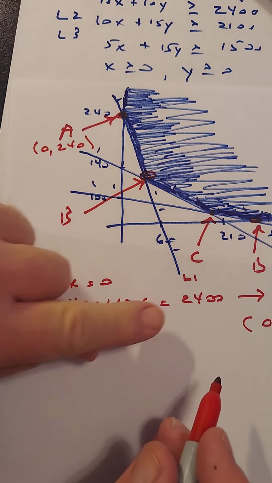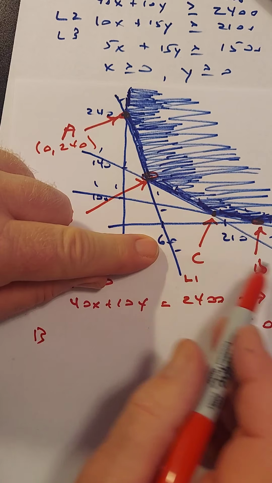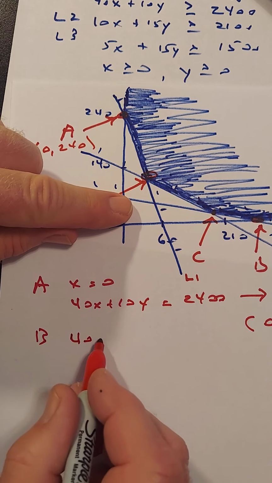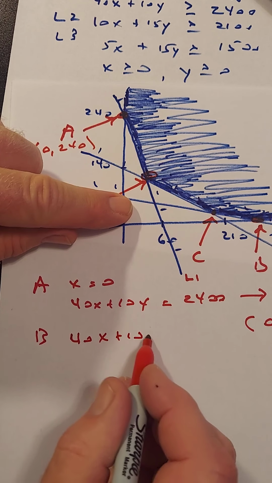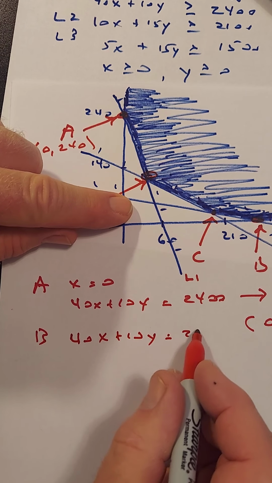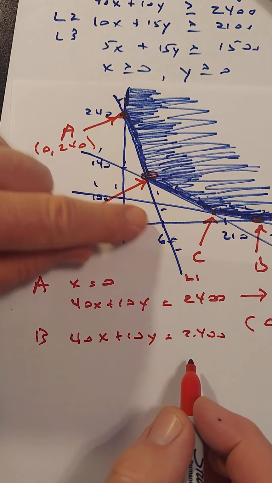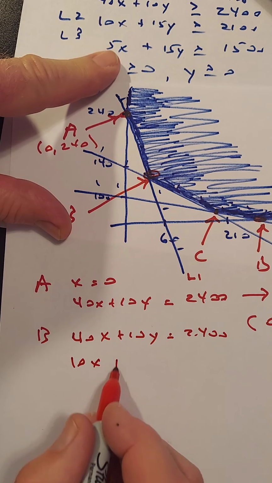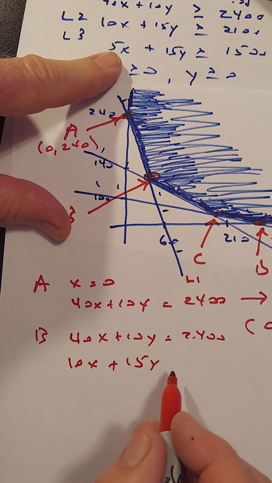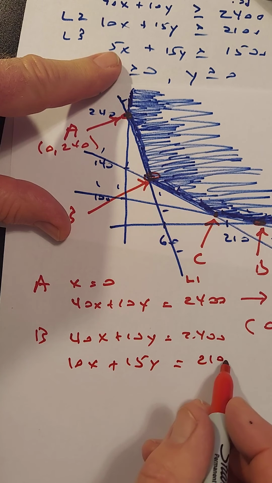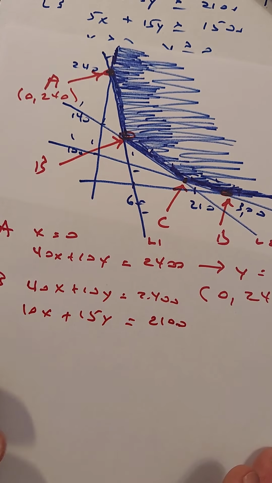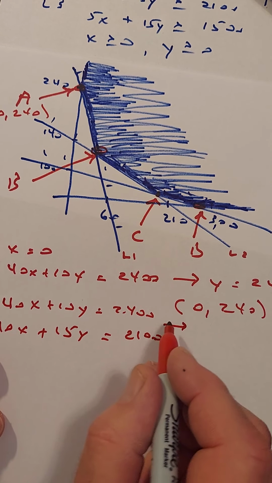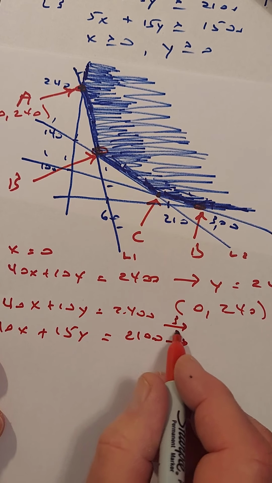What about B? B is the intersection of L1 and L2. L1 again was 40x plus 10y equals 2400, and L2 was 10x plus 15y equals 2100. Probably linear combination on this one. I'm going to multiply the top one by 3 and the bottom by 2.